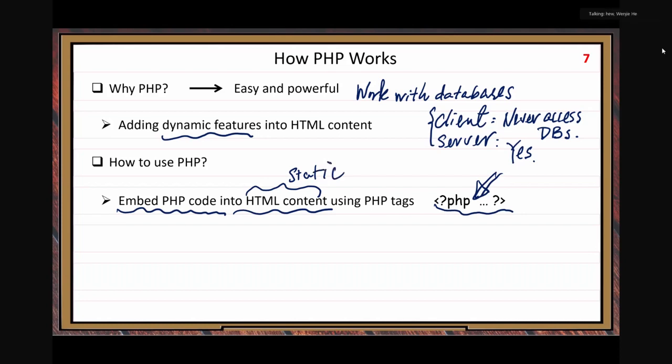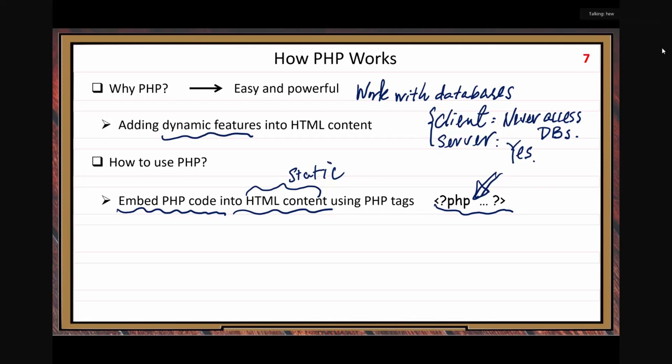But to make your web applications more useful, you need to work on dynamic content. Because when users interact with your applications, you need to provide appropriate feedback, responses, data. So that's the dynamic part. You can do dynamic content from both the client side and the server side.